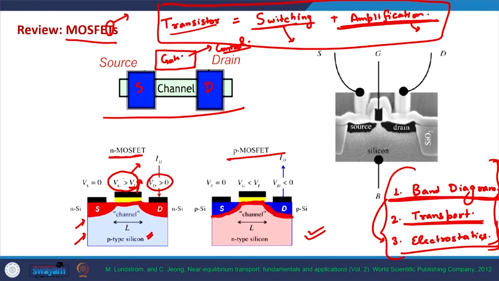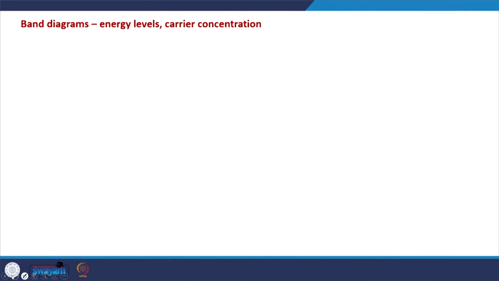And if the voltage is higher than the threshold voltage, we will have a channel, and this device will have the capability to conduct currents. But how are these devices able to achieve amplification? That is what we will see very qualitatively now, and then we will try to understand the band diagrams and other properties of the material.